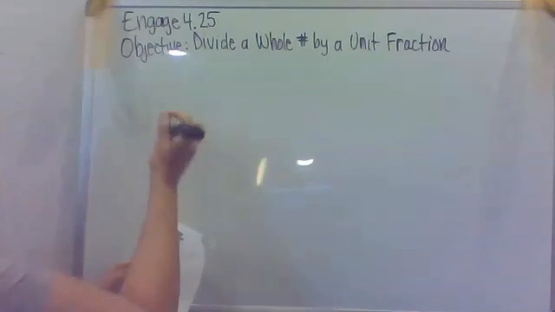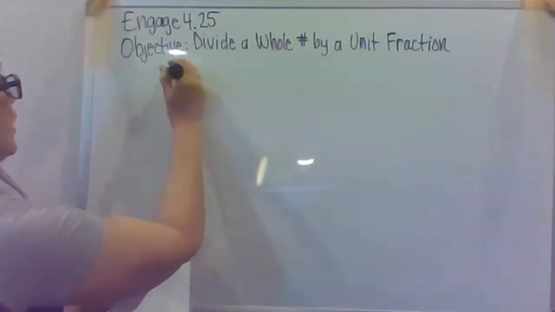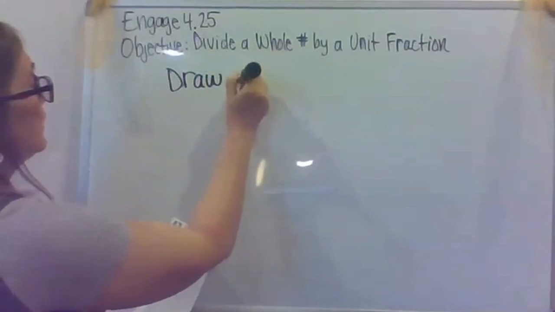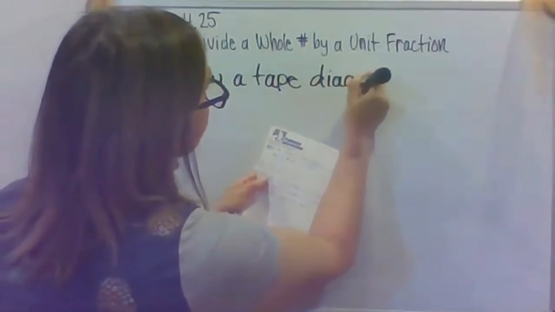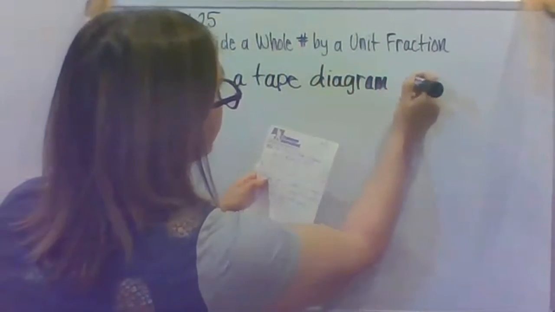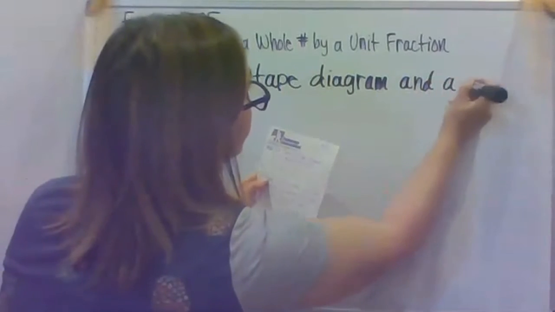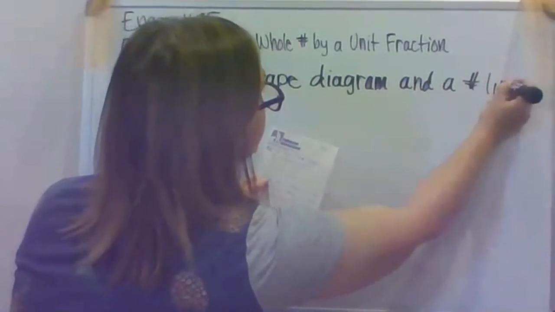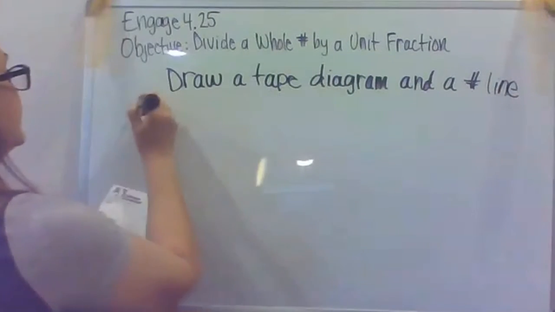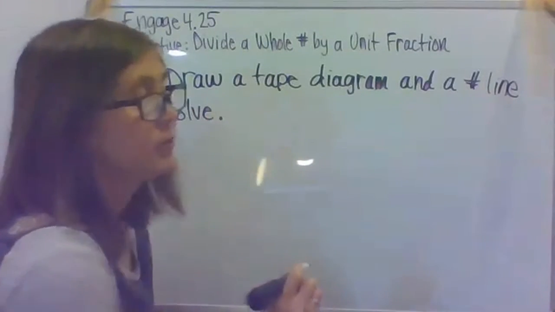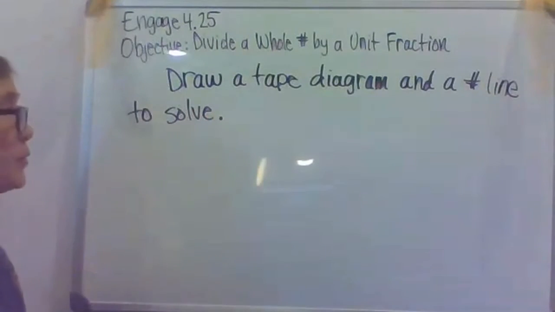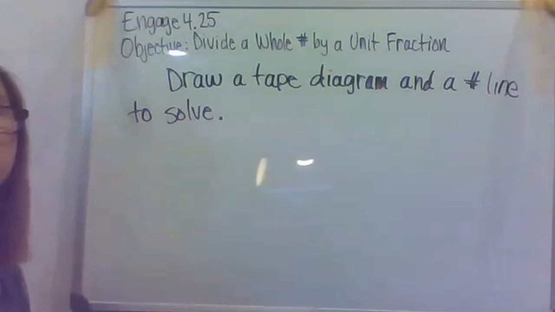Okay, so the directions will say to draw a tape diagram and a number line to solve. Okay, in your problem set, it will give you an option to choose the tape diagram or the number line, so you can decide which model works for you.